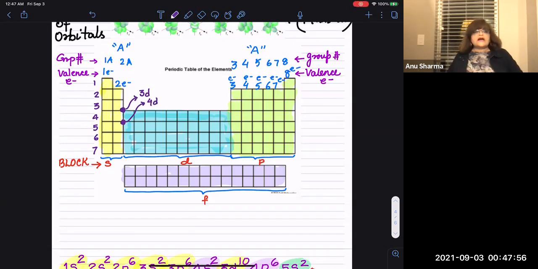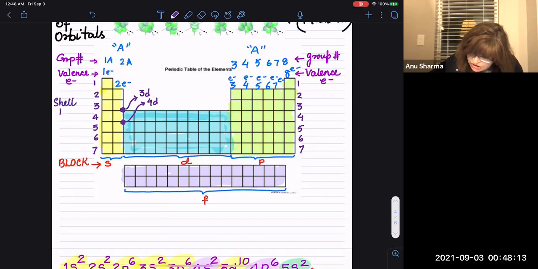So each of these rows, 1, 2, 3, 4, 5, 6, 7, represent the energy levels or the shell numbers. Like how many energy levels are there?